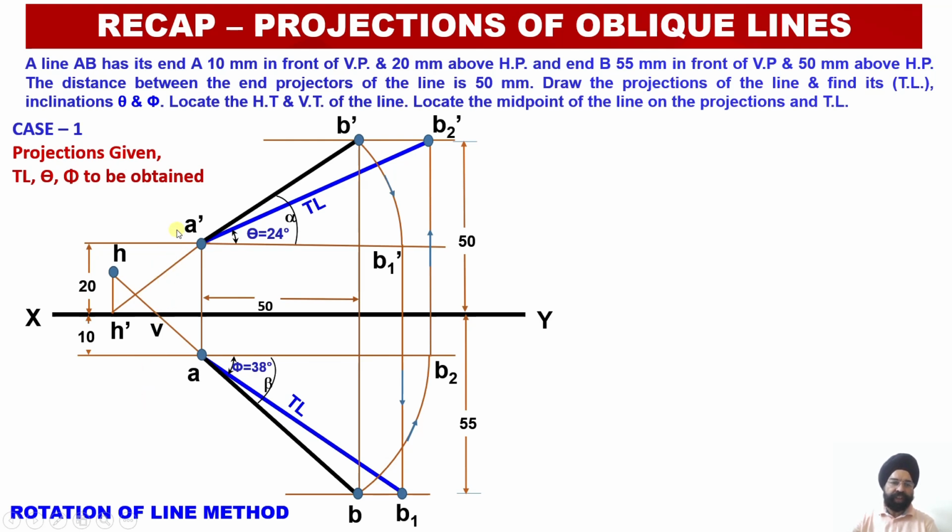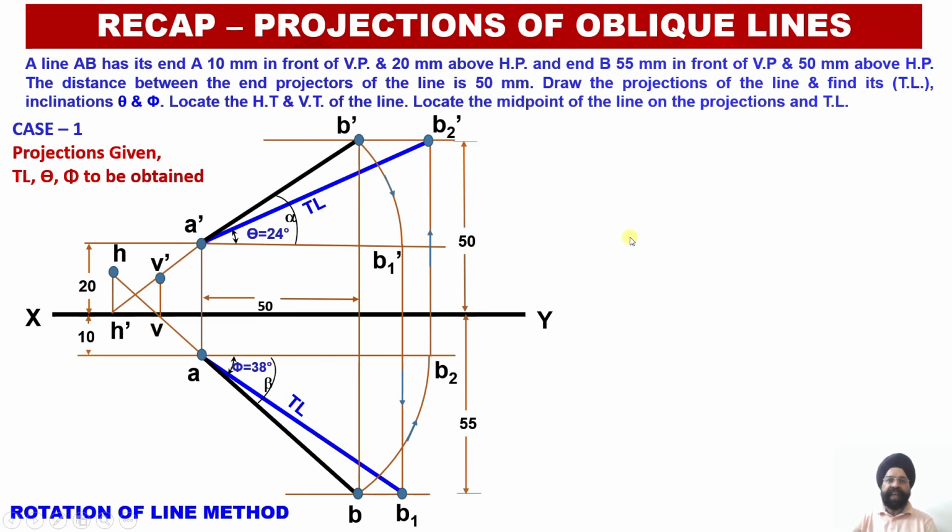So I need to draw this vertical projector on either side. Over here, because this A dash B dash projection line is passing like this, it is going to meet this projection line above the XY line. So again I am going to measure this distance and I will be getting the vertical trace of the line.